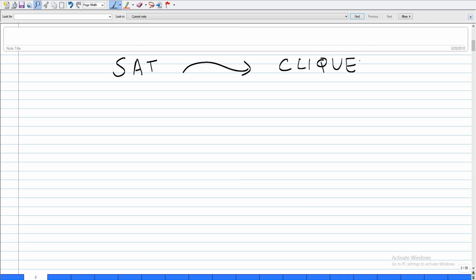This is sort of counterintuitive because SAT is something about formulas, clique is something about graphs, right? So we want to say that if you have a good algorithm for answering the decision version of the clique problem, I can use that to solve satisfiability of a formula. Okay, so let's see how it should go.